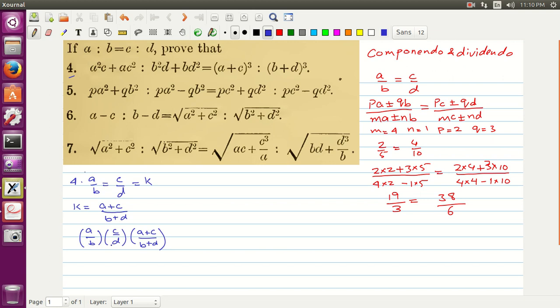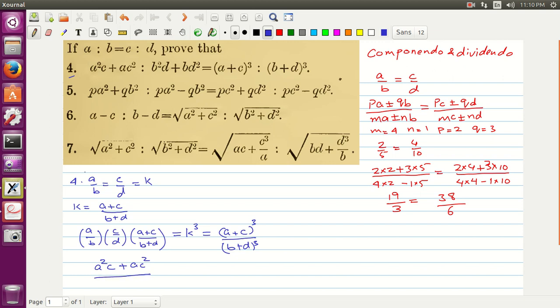This is equal to K, this is equal to K, this is equal to K. So we get K cube, which can be written as, we know that K is equal to this, it can also be written as A plus C cube over B plus D cube. So we have already got the right hand side from here. Now what is AC times A plus C? AC times A plus C is A square C plus AC square.